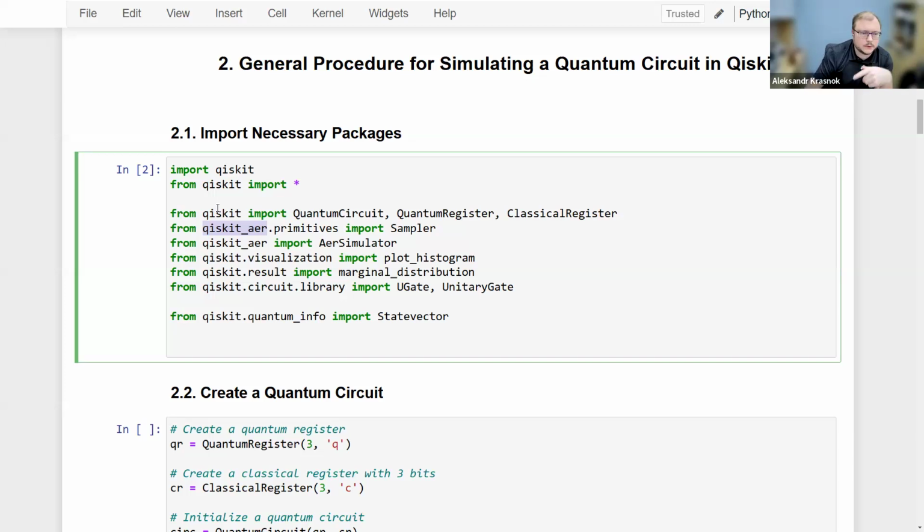Okay, and the third type of simulation is the truly quantum computer simulation, when you send your project to an IBM real quantum computer. They have just a number of them available, and just a few available for us for educational purposes.